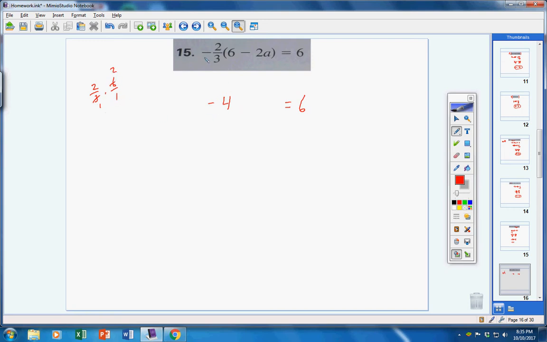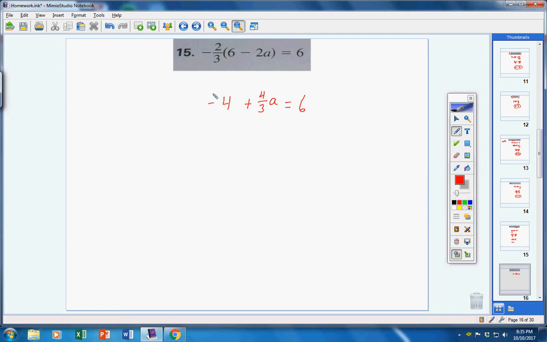It's negative because we have a negative times a positive. Okay? Then we have a negative times a negative is positive, and 2/3 times 2 would be 4/3 a. Alright? Now, next, we're done simplifying.